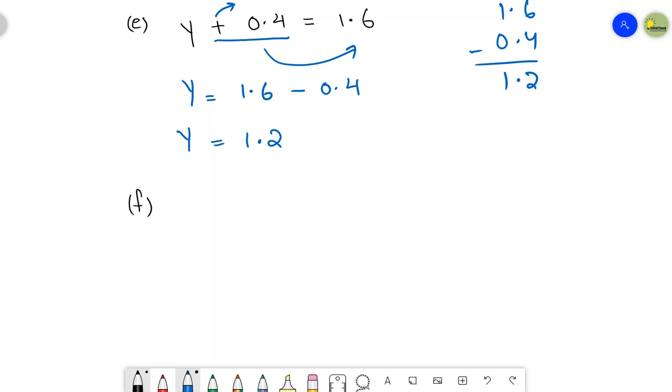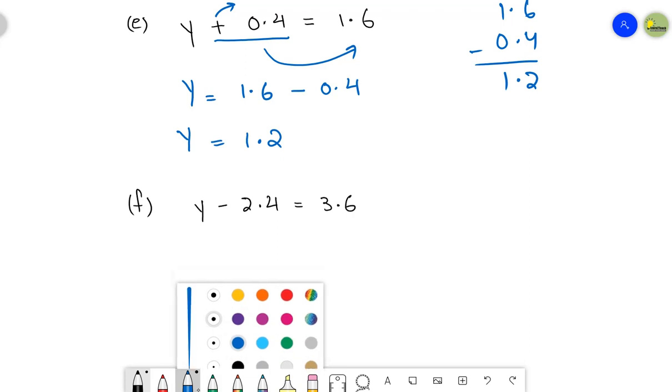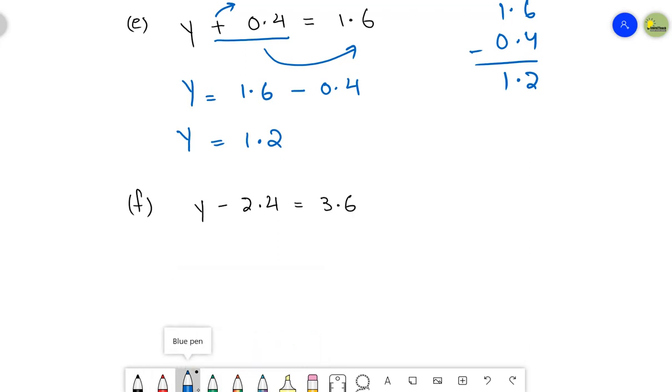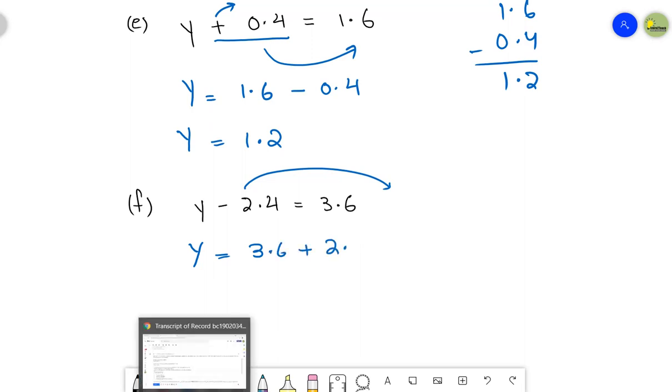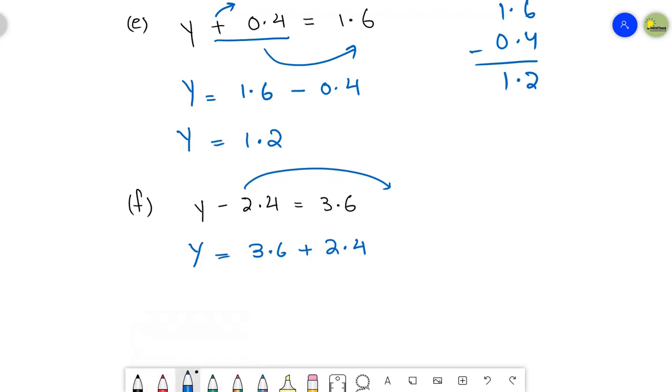Part F. In part F, I have y minus 2.4 equals 3.6. Again, I have decimal values. First of all, you have to shift this 2.4 to the other side of the equation by changing its sign. It is minus, so when you change it, it will be plus 2.4.